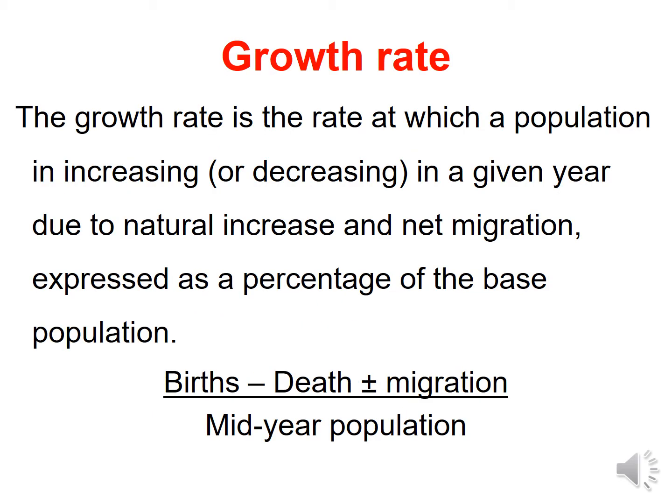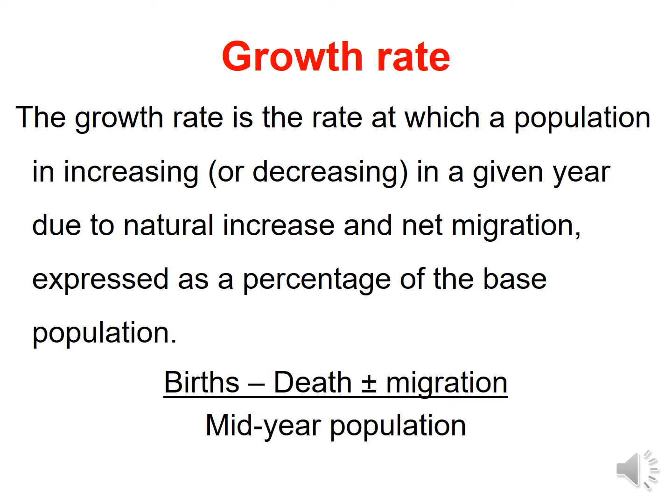Growth rate. The growth rate is the rate at which a population is increasing or decreasing in a given year due to the natural increase and net migration, expressed as a percentage of the base population.